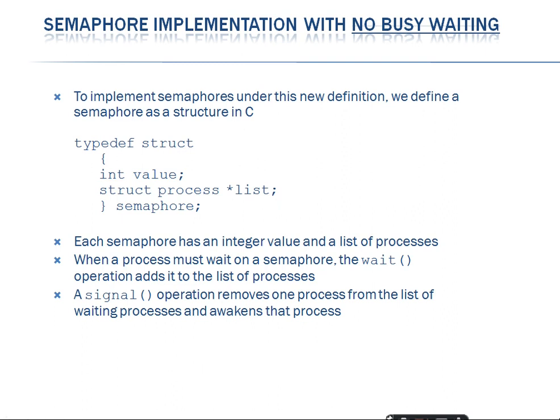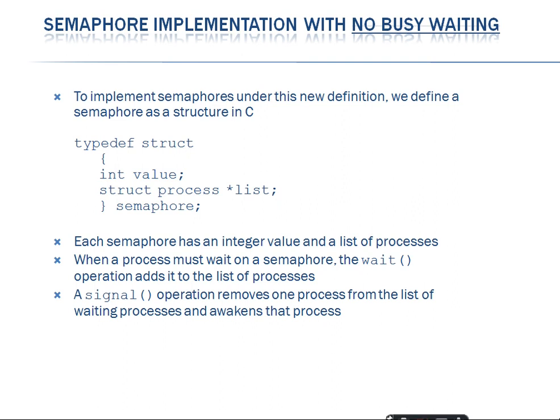When a process must wait on a semaphore, the wait operation adds it to the list of processes. A signal operation removes one process from the list of waiting processes and awakens that process. See here, the semaphore has an integer value and a list of processes, the processes that are waiting for this particular semaphore.